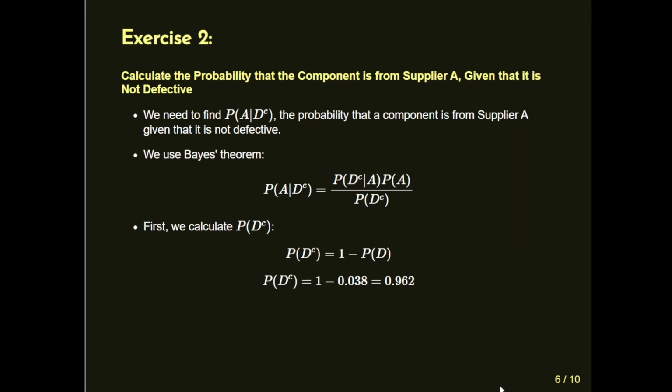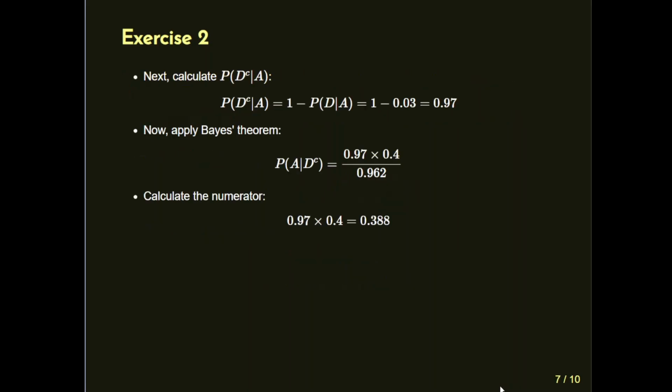Now we know the probability of A and we know the probability of DC. We know that the probability of D is 0.038, so the probability of DC is 0.962. Likewise, probability of A is 40%. So what we have to do here is find out the probability of DC given A. Now that is 1 minus the probability of D given A. So it's what is the probability that they're not defective given that they come from A?